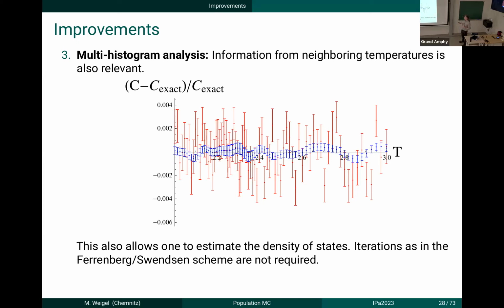So if you do that, this is, for example, the relative error in the specific heat for the Ising model from the same simulation, analyzed once in the way that I've so far described, that's the red data set, and then analyzed using all the histograms together, reweighting to one temperature point, and that reduces statistical errors without any additional simulation.